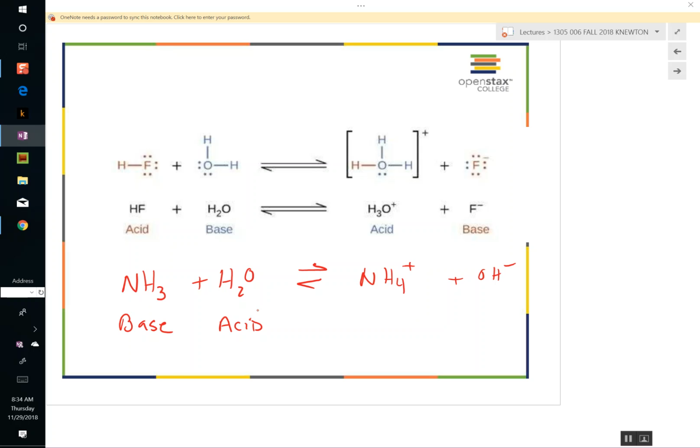This is the proton donor. This is the proton acceptor. This cannot donate a proton to HF. You're not going to get H2F, all right? Because HF is a stronger acid. It's going to be the acid, and water now is the base.